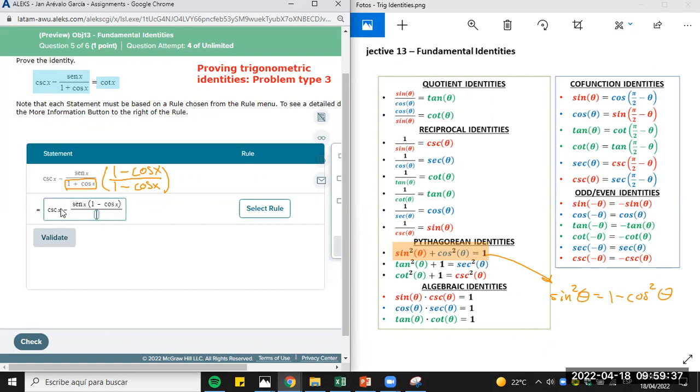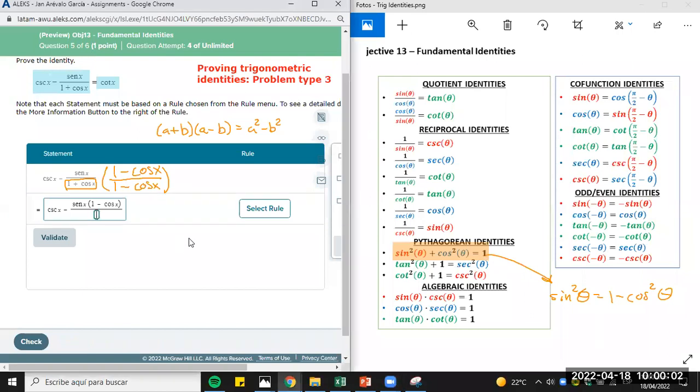And the denominator is a famous factorization. It is called difference of squares. If you remember, if you multiply a plus b times a minus b, that will be equal to a squared minus b squared, difference of squares, right?